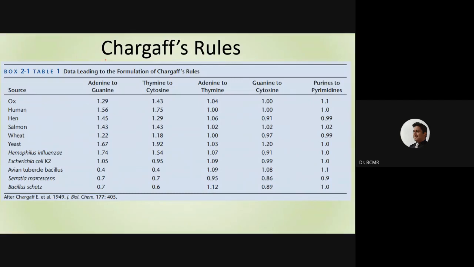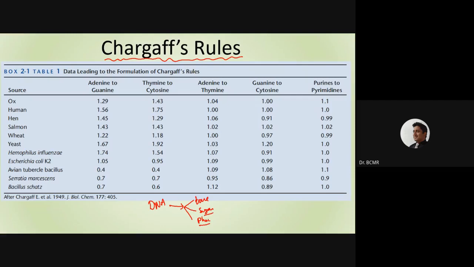So Chargaff is one remarkable scientist. He was a biochemist who found out the chemical nature, and there are many other scientists who isolated the genetic material, that is the DNA, and then broke it down into several pieces or components, and that is how they knew that there are bases, and then there is a sugar, that is deoxyribose, and there are phosphates.